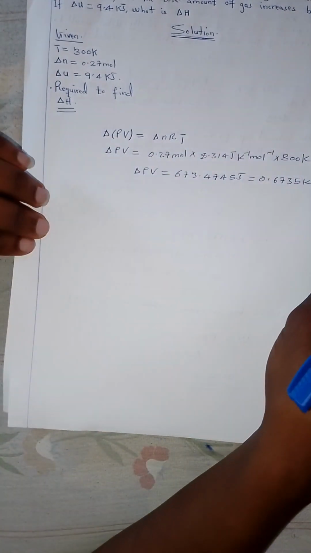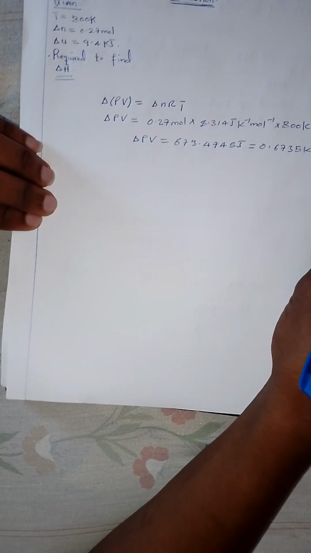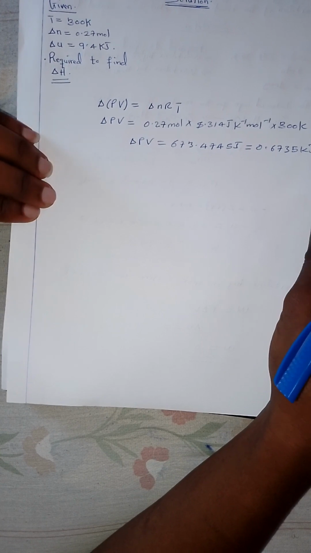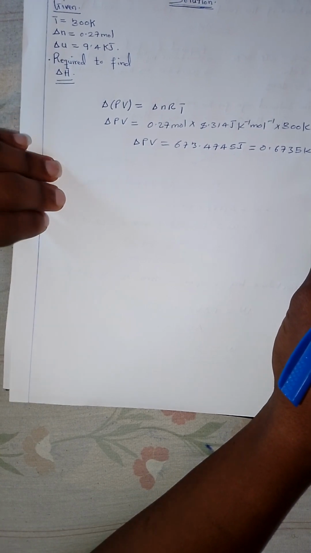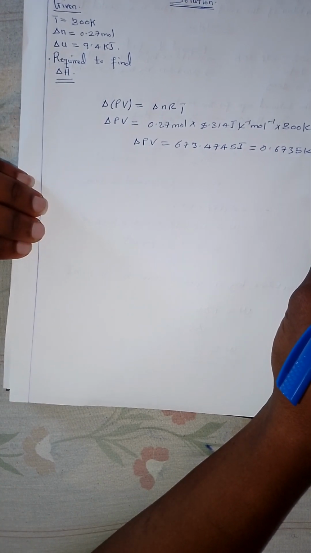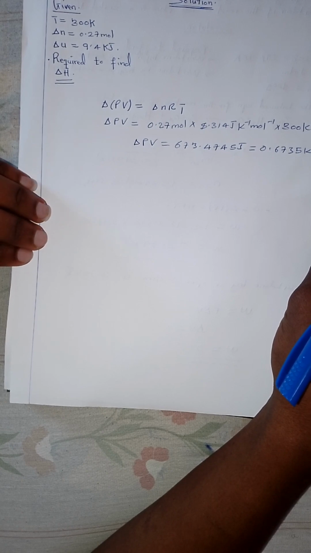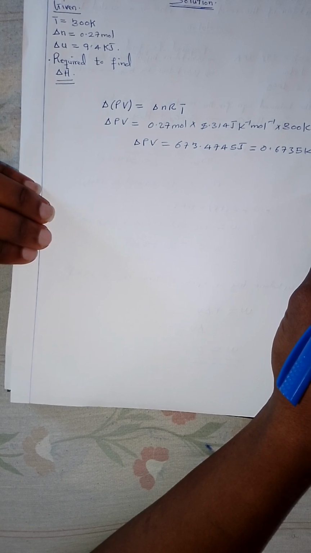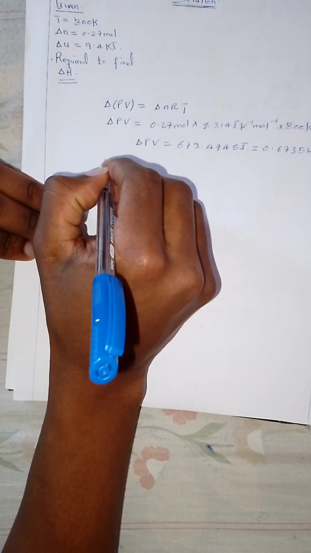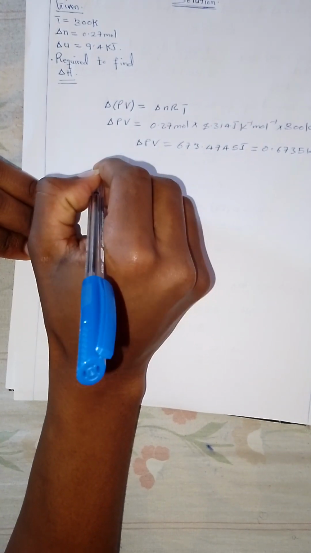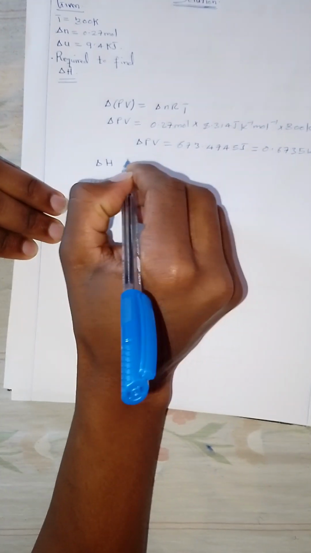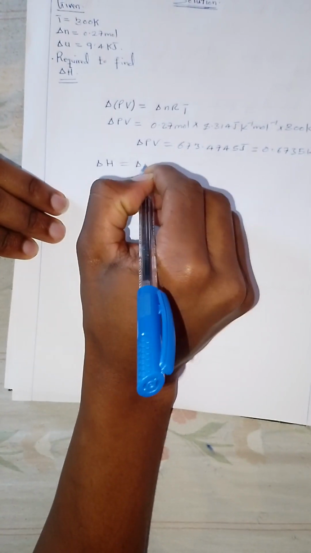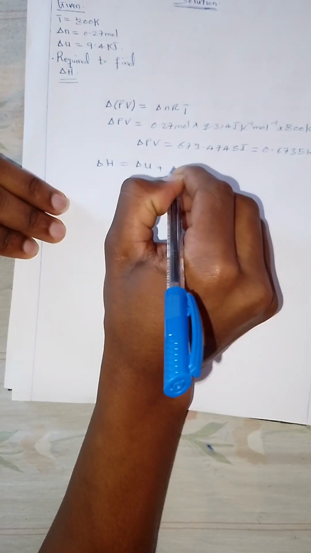Now, from the meaning of enthalpy, enthalpy is a property of a thermodynamic system, and it is defined as the sum of internal energy and the product of its pressure and volume. That is, change in enthalpy is equal to change in internal energy plus change in PV.